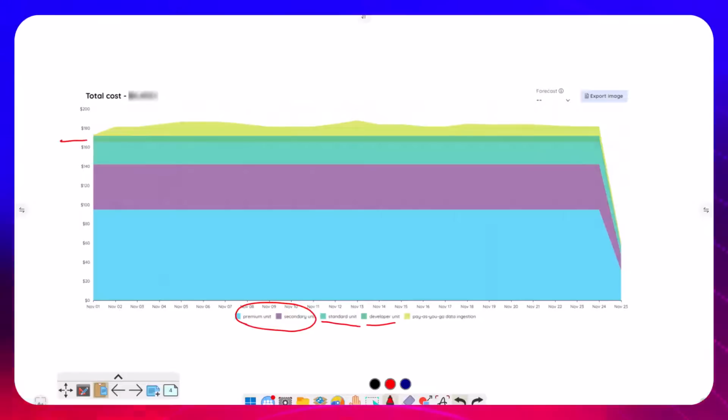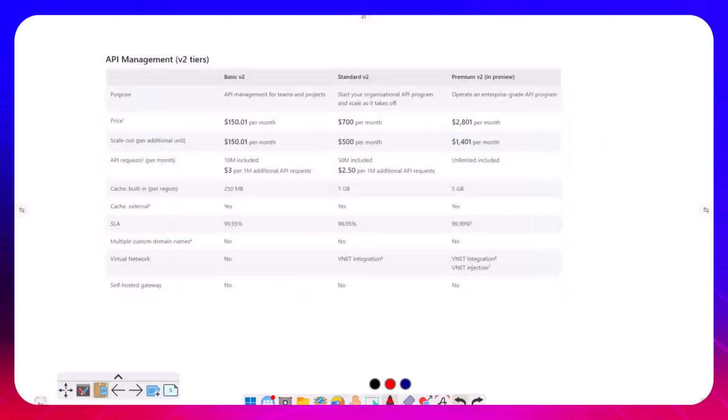Here's the developer cost, here's the standard cost, this one's the premium secondary, and that's the premium primary. So you can see there's quite a big difference between these tiers. The big positive though is it's really predictable because they're all per hour. At the scale in this scenario, it's a very predictable and reliable cost.